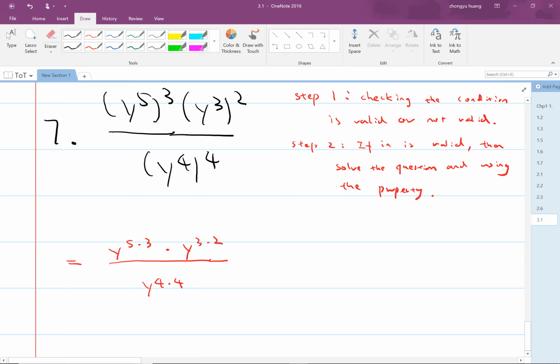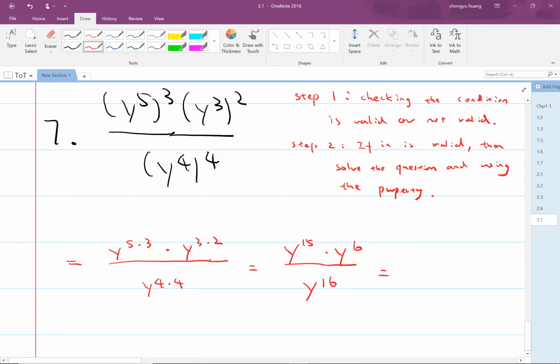So now we have to simplify a little bit. 5 multiplied by 3 is actually 15. 3 multiplied by 2 is actually 6, right? And 4 multiplied by 4 is actually 16, right?